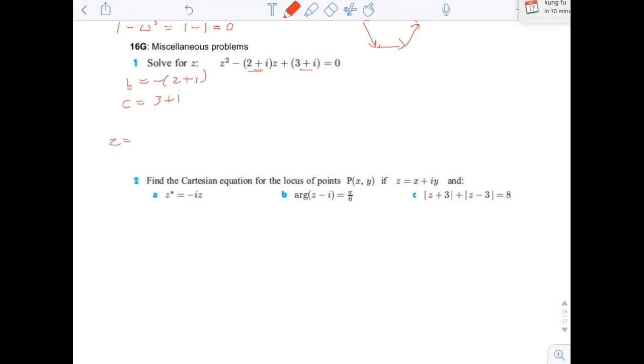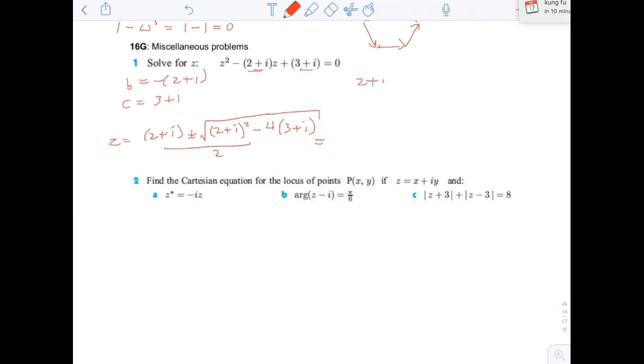z is equal to negative b, so that would be 2 plus i, plus or minus the square root of b squared, so that would be (2 plus i) squared, minus 4 times a times (3 plus i), all divided by 2. So let's see if we can simplify that a little bit.